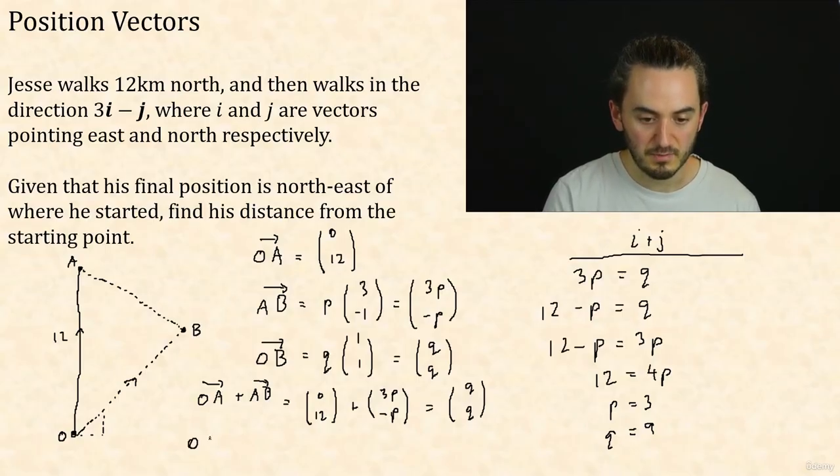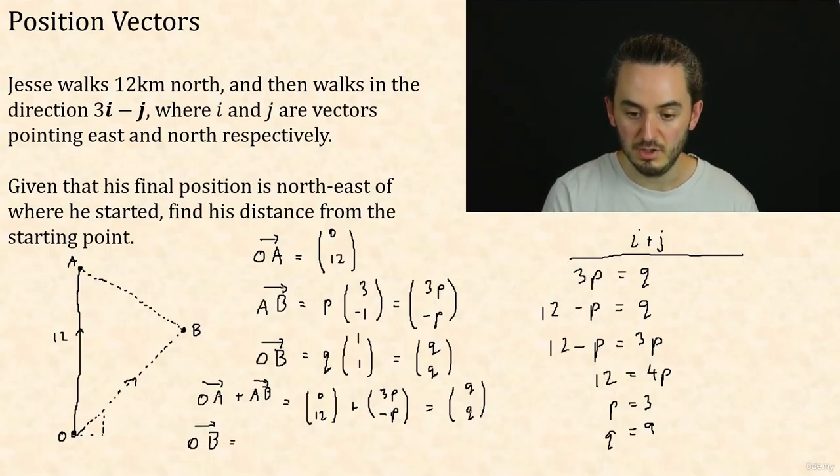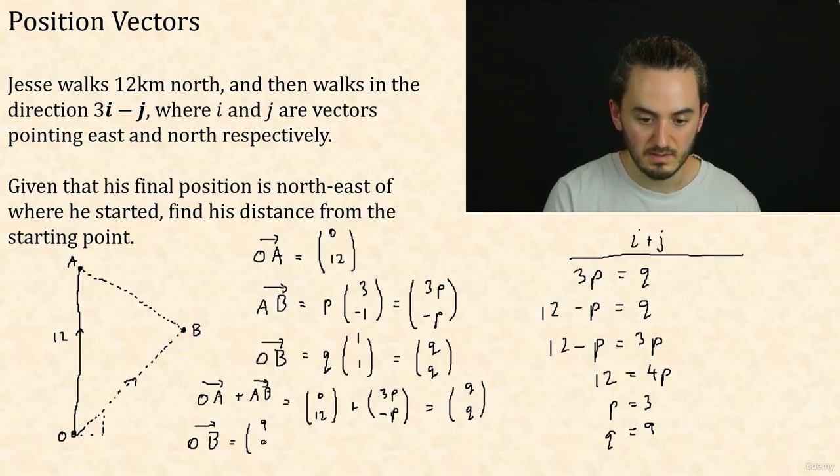So now that I have that, can I work out his distance from his starting point? Well, I now know that OB, just going straight there, is qi plus qj, and q is 9. So it's 9, 9. So his distance from his starting point is the modulus of OB, which is the square root of 9 squared plus 9 squared.